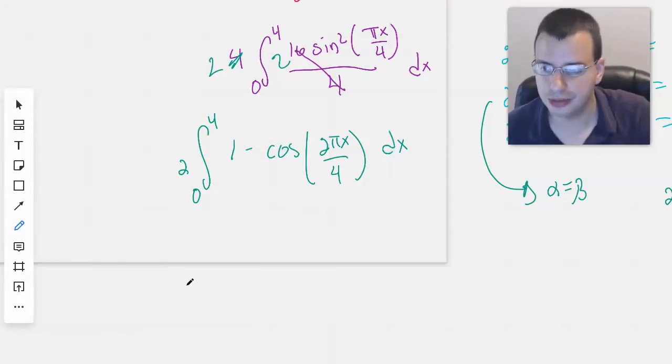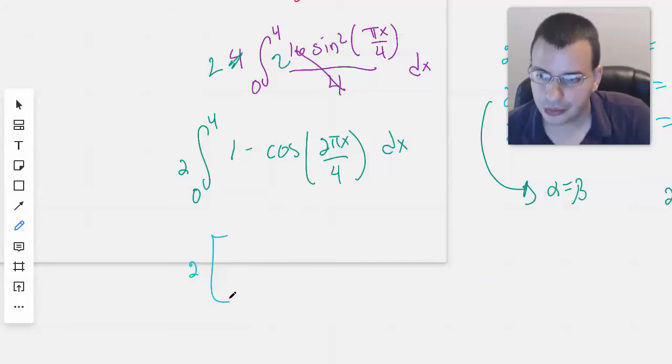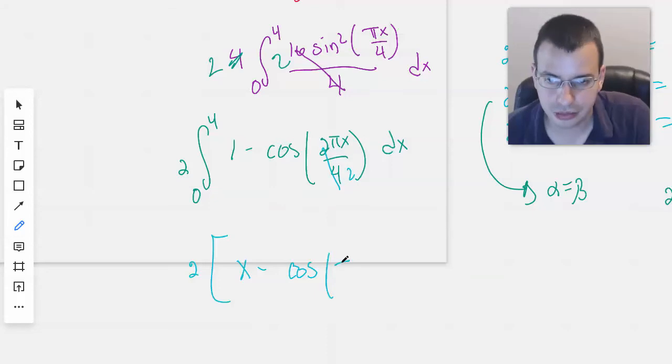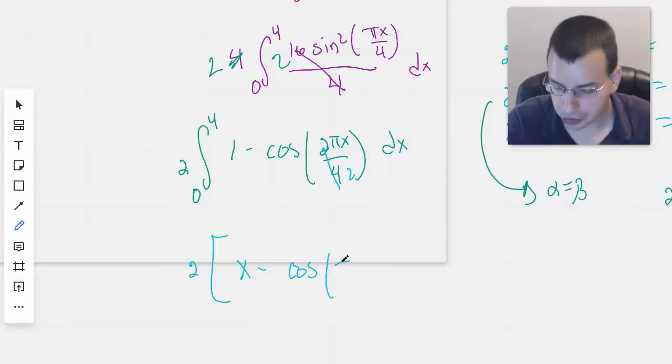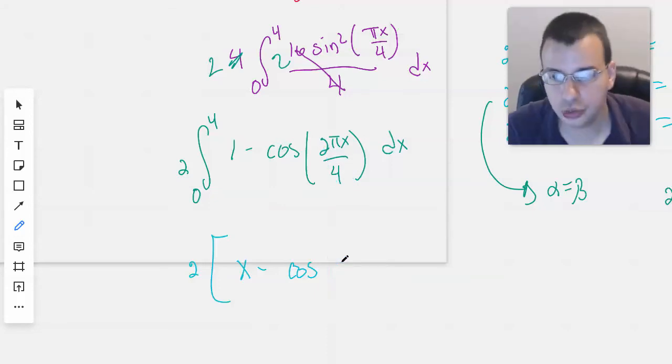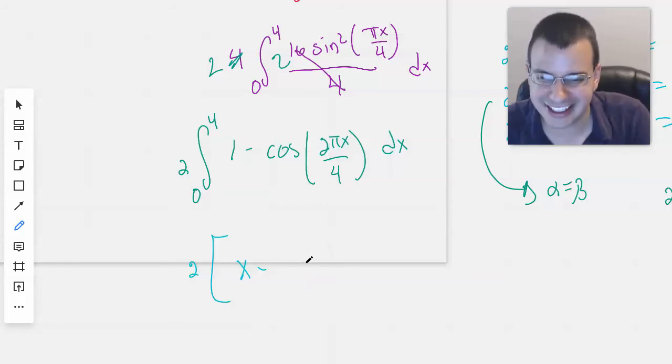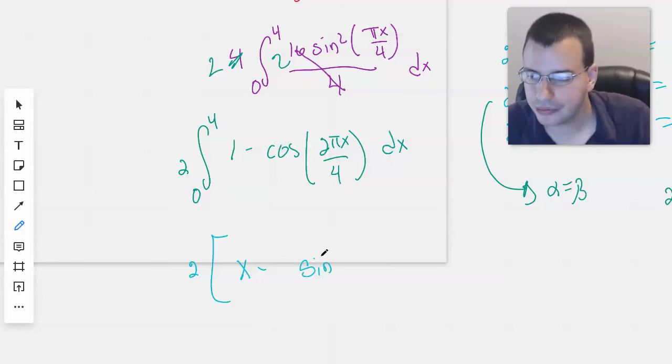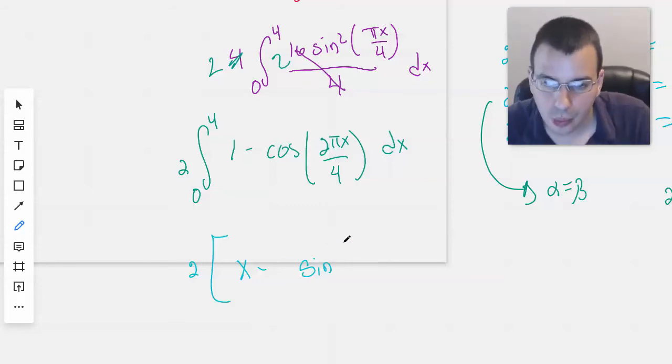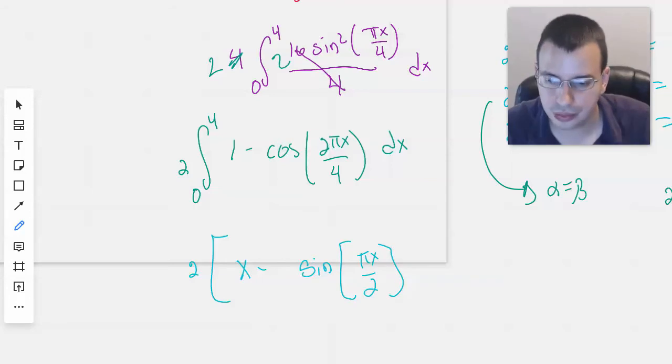So convert over to blue. To do this integral, we'll have 2 times x minus cosine of, this is going to be pi x over 2. So the integral of cosine is going to be sine pi x over 2.